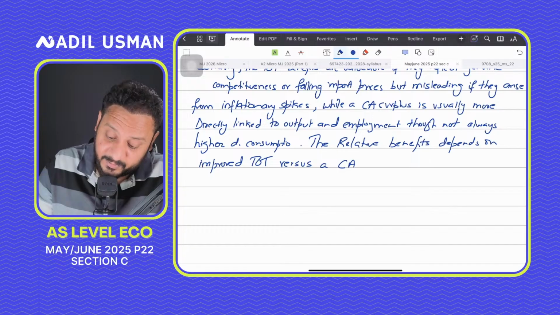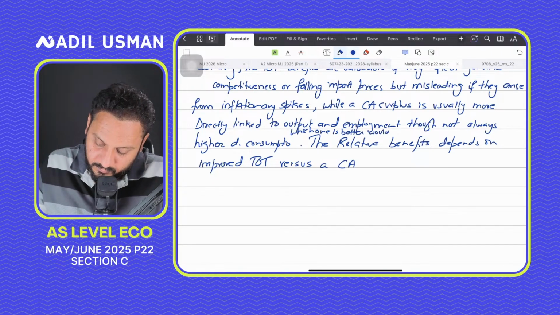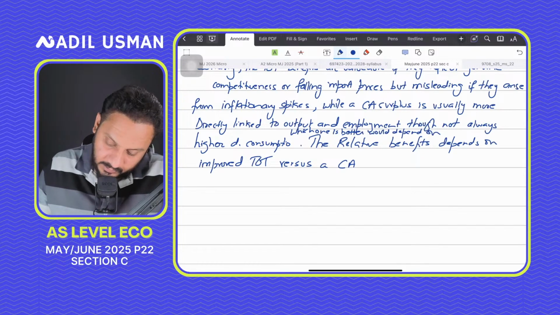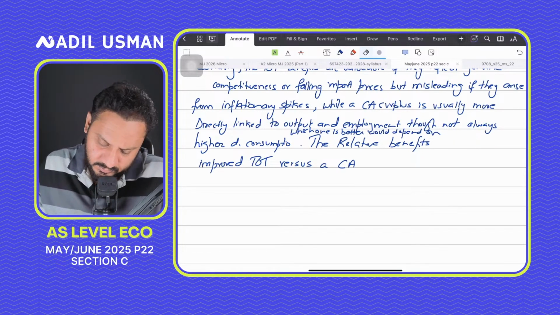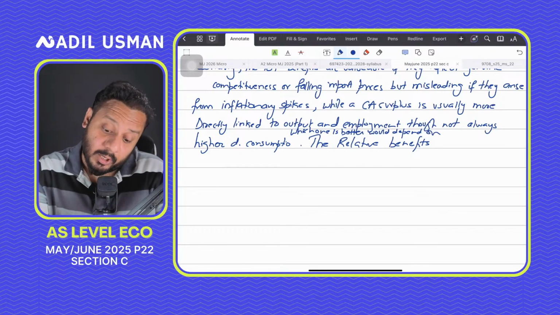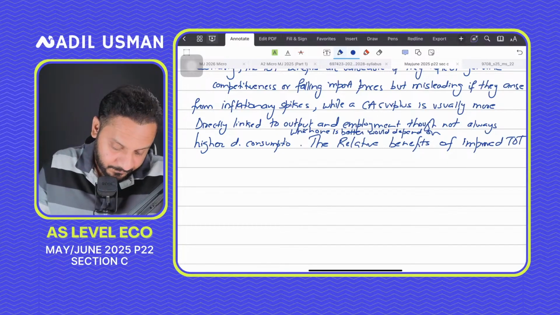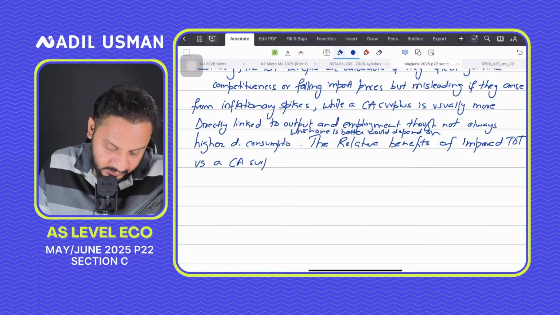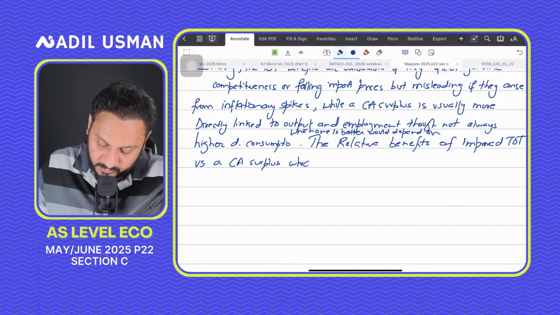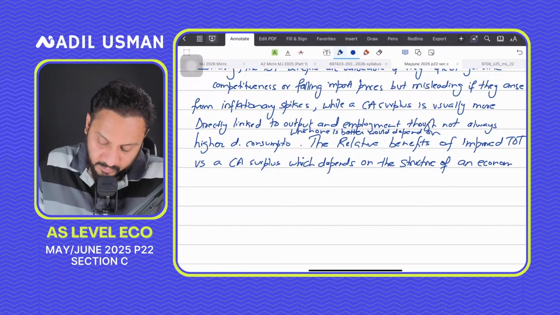It's just which one is better, as in whether a TOT improvement or a current account surplus is better, would depend on the relative benefits, which depends on the structure of an economy. Now, what do you really mean by this?